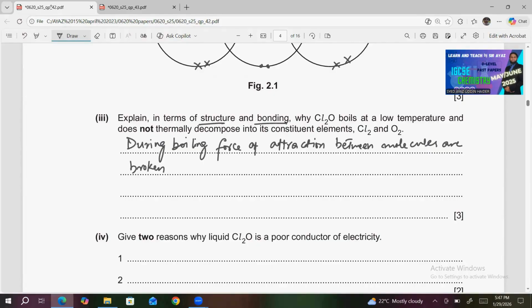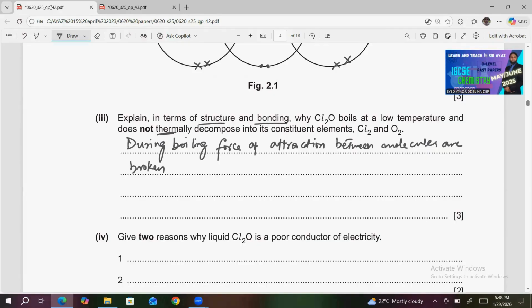What will happen during thermal decomposition? They are also asking why it does not thermally decompose. During thermal decomposition, we get constituent elements, that is Cl2 and O2. So it means you are breaking the covalent bonds.